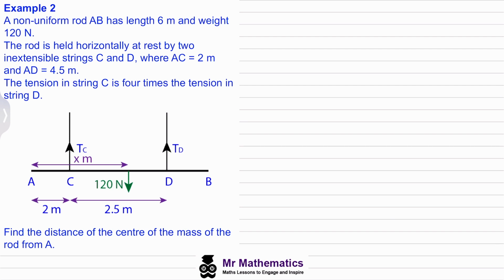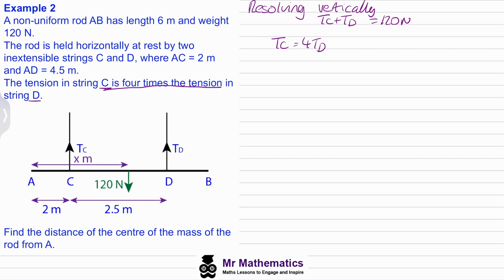Okay, welcome back if you had a go. The first thing we need to do is resolve the vertical forces. It's held horizontally at rest, which means the sum of the tensions in C and D will be equal to the downward force. So resolving vertically, TC plus TD equals 120 newtons, and we're told that TC is 4 times TD.